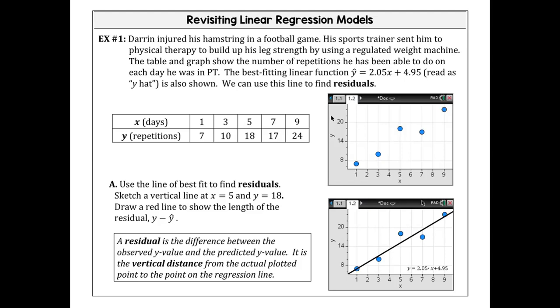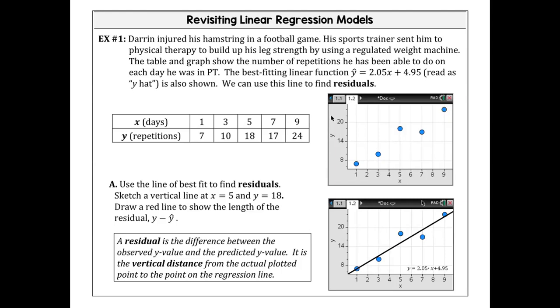The best fitting linear function was y hat equals 2,500x plus 4,9500, sorry. So y hat is telling us that this is a regression model. When you see y hat, that means regression model. That's the little party cone. And so we know that this isn't the actual model, it's the one that best fits it. Does that make sense?